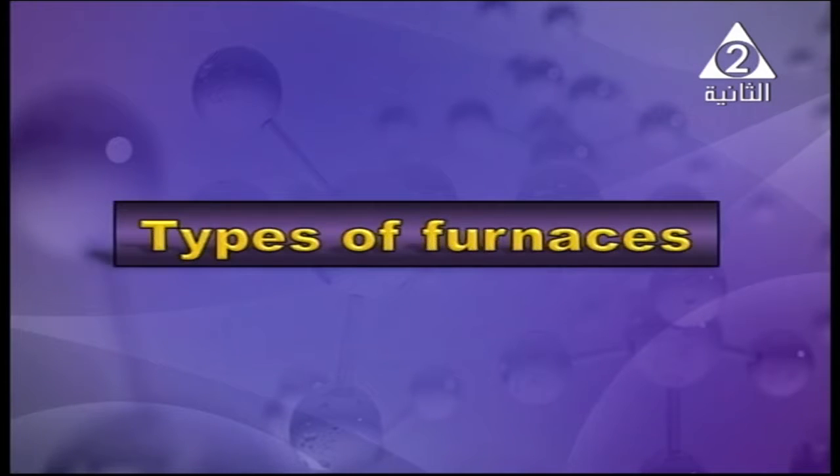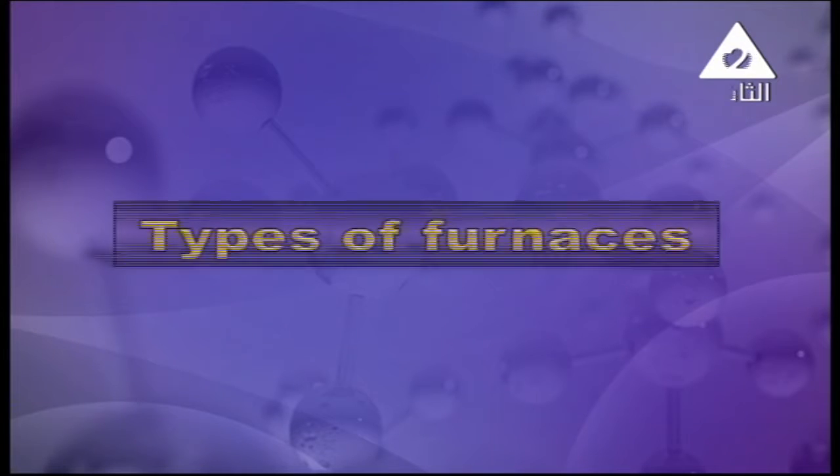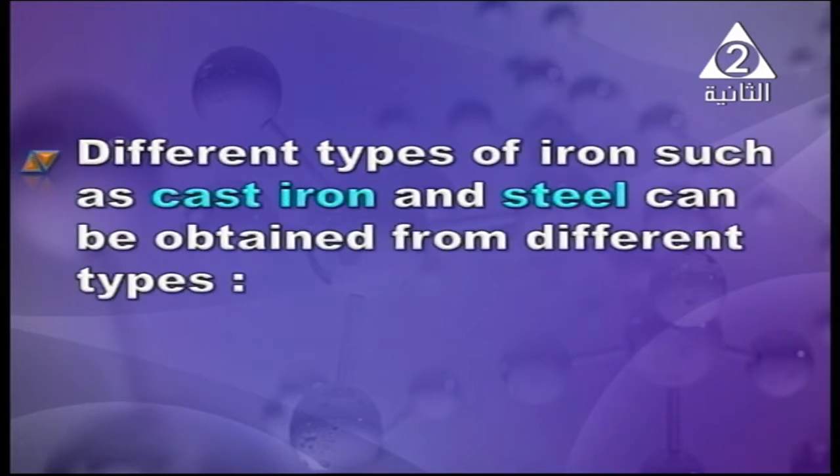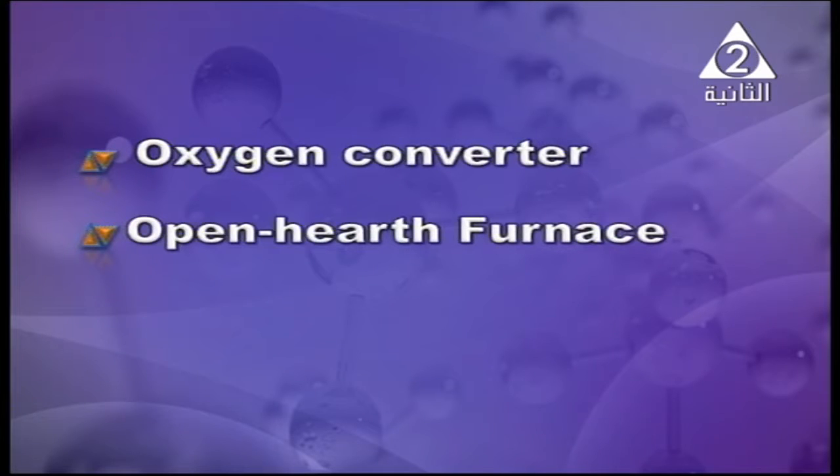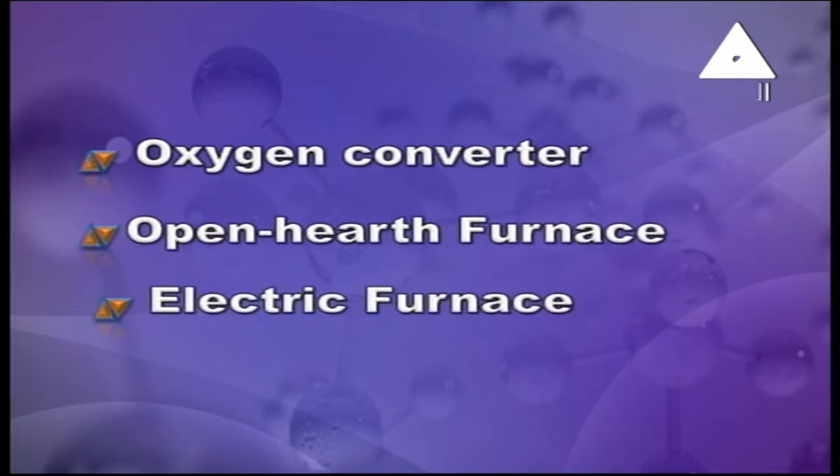My dear students, we are going to discuss the types of furnace that produce steel. But first, we know that different types of iron, such as cast iron and steel, can be obtained from different types of furnace, which are the oxygen converter, the open hearth furnace, and the electric furnace.